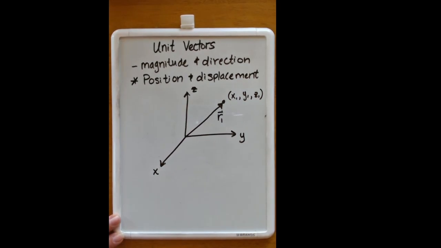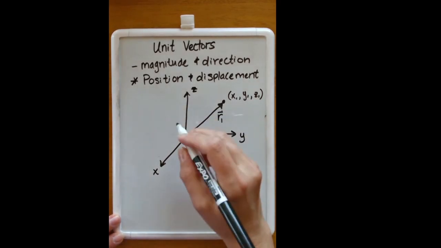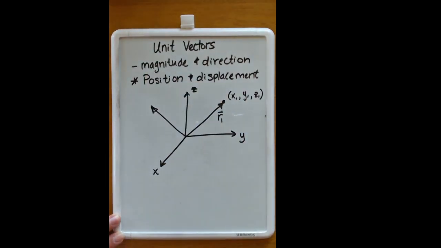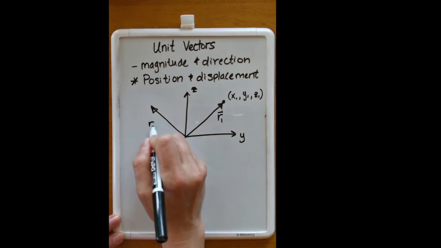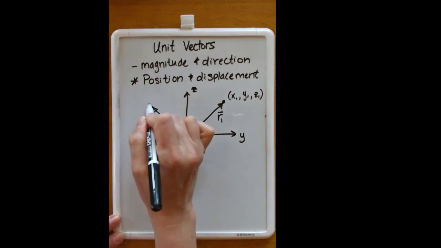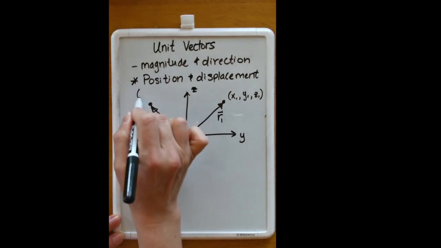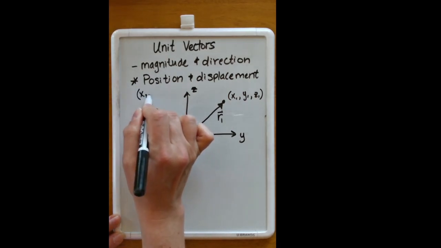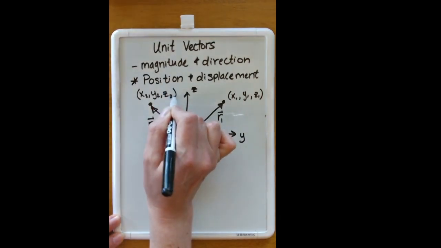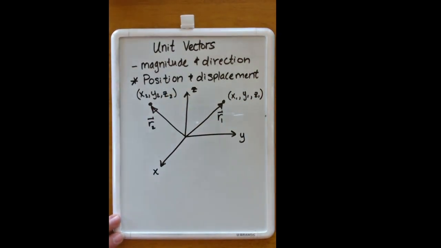So whenever you're going to give a position of a point in a 3-dimensional system, it's going to be given by x, y, z. And we'll draw another vector. We'll call it R2. So it's an R sub 2. Again, we're going to put the arrow over the R to denote a vector. And this point is going to be at a position x2, comma y2, comma z2. So we've got 2 position vectors, 2 coordinates.